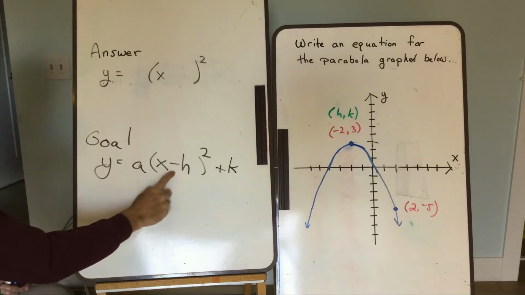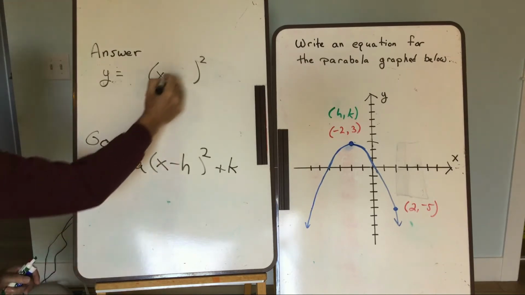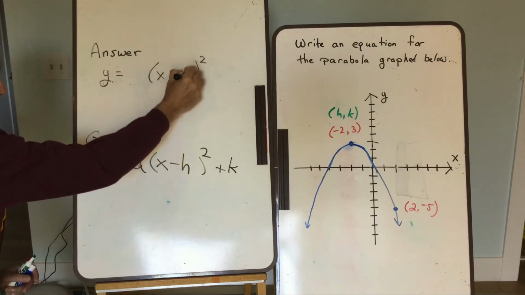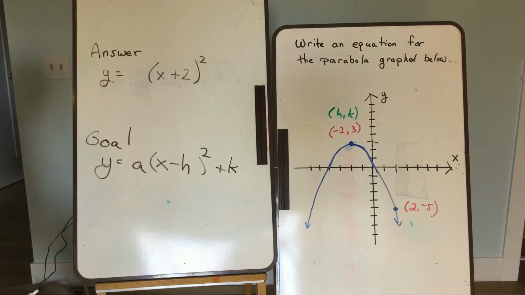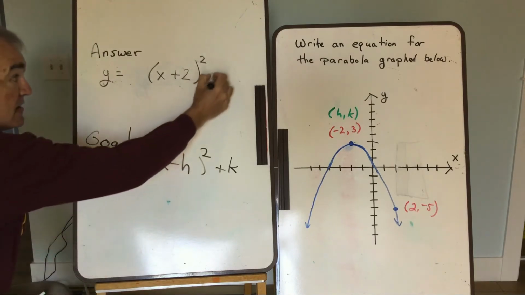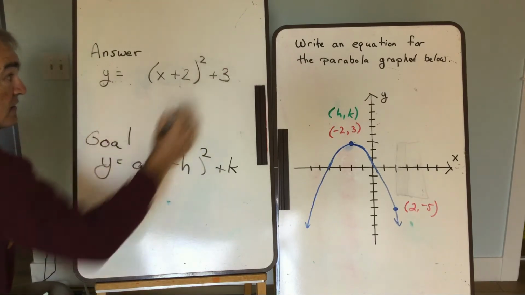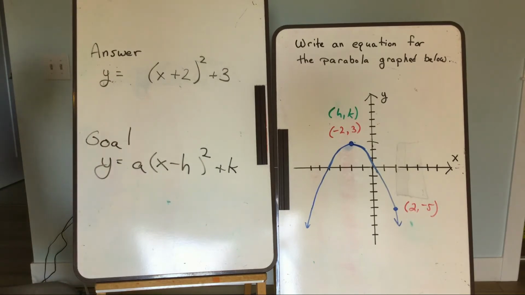We shift the parabola, h is -2, so this becomes a +2. We have an x plus 2, and the value of k is 3. This is a parabola that's been shifted 2 to the left and 3 up.